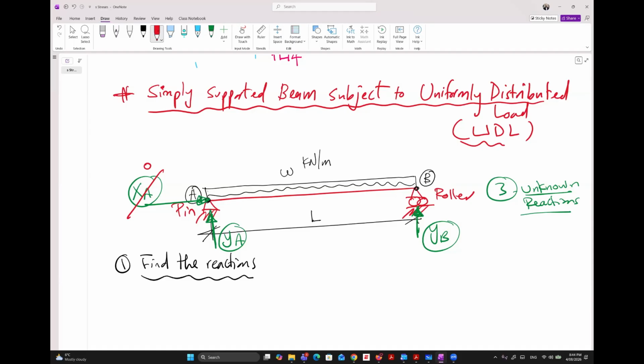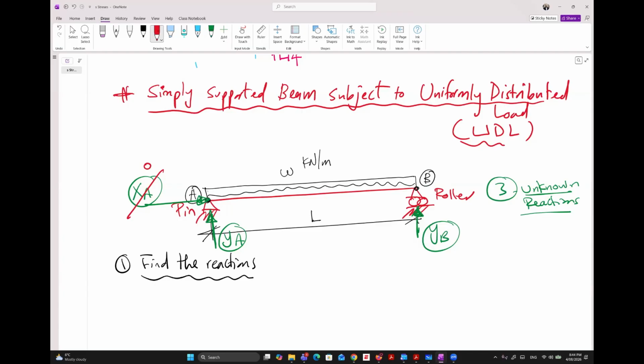Zero. So Kishbong said 0 for the reaction. Can the reaction be 0, guys? Not for Y. YA and YB cannot be 0, because we have applied load downwards, so we should have reactions. This is impossible, Kishbong.